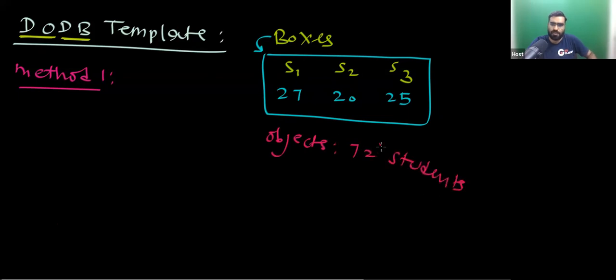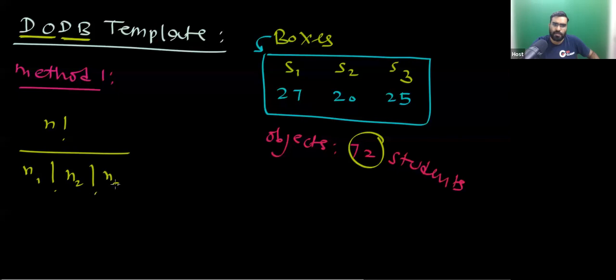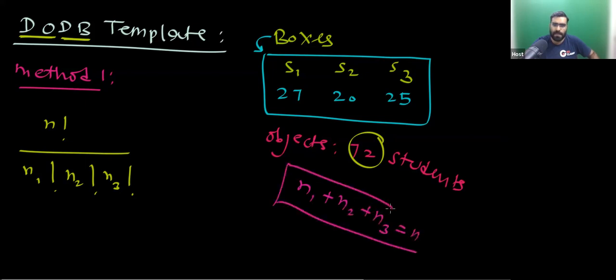Now you can easily notice there is a formula for the DODB template. A direct formula. That is n factorial divided by n1 factorial, n2 factorial, n3 factorial, where the summation is equal to n.